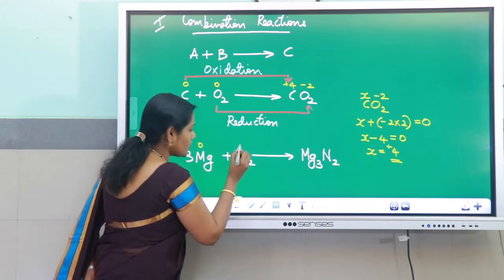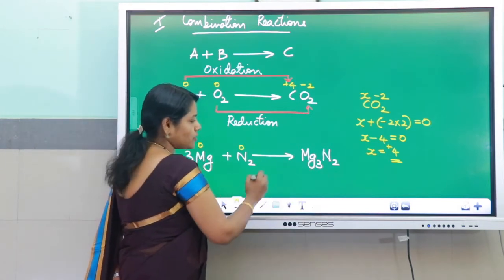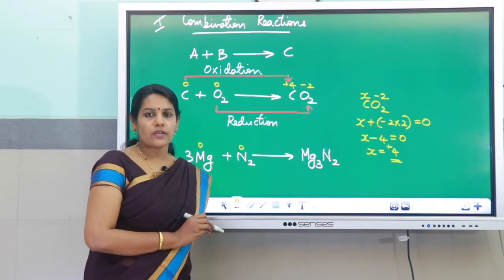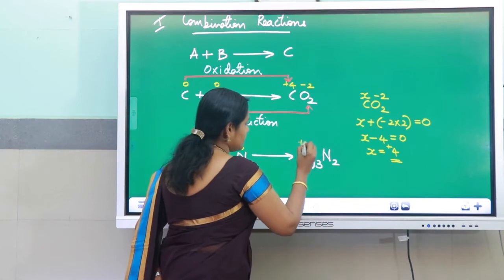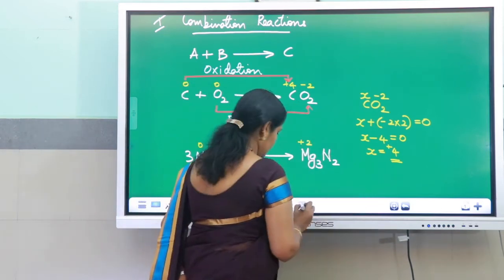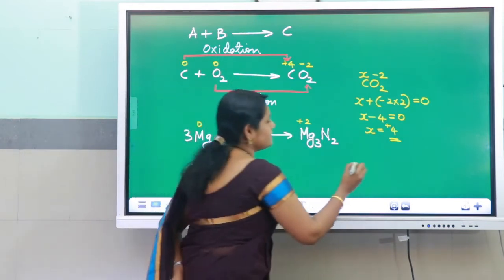N2 is a homonuclear diatomic molecule, so it is 0. Then in Mg3N2, we have studied that magnesium belongs to the second group, so for all second group elements the oxidation number is +2. We do not know the oxidation state of nitrogen here, so let us calculate it.